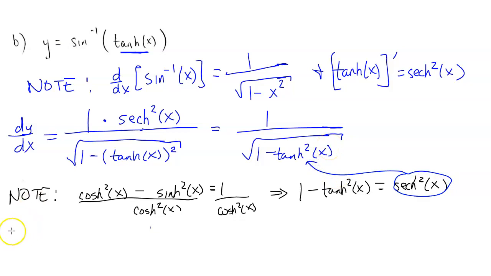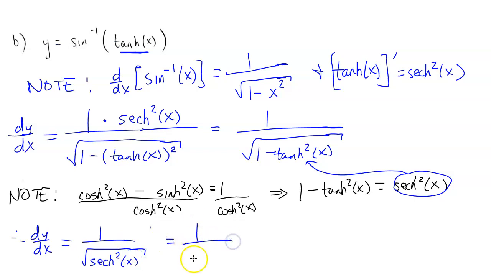Therefore, the derivative of this function with respect to x is now just going to be 1 divided by the square root of secant hyperbolic squared, and that is just going to be the absolute value of secant hyperbolic.